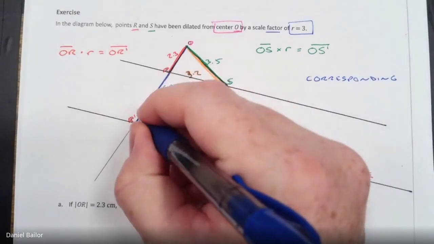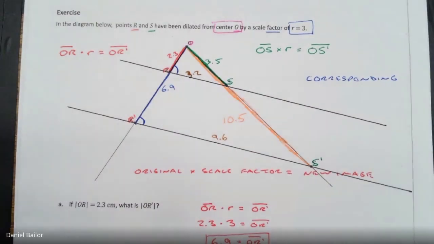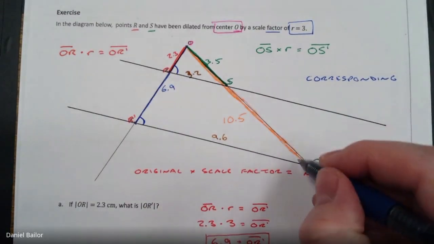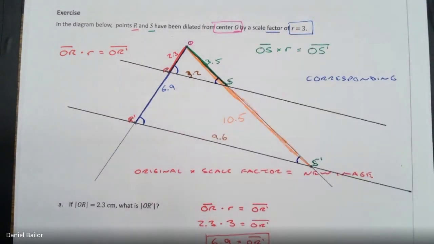For example, this angle and this angle are equal because they're corresponding. And this angle and this angle are equal because they're corresponding. So in this Module 3, you need to remember the definition of corresponding angles.